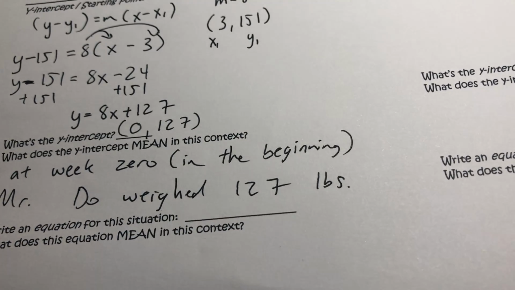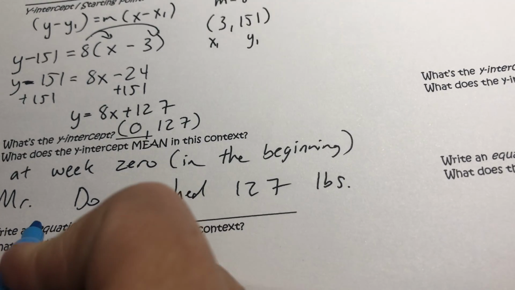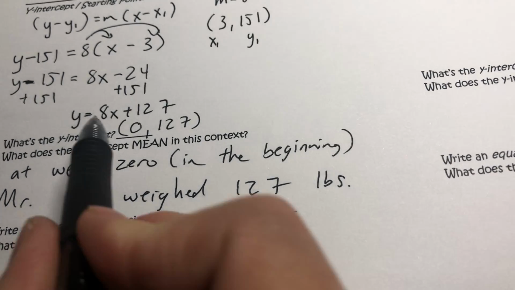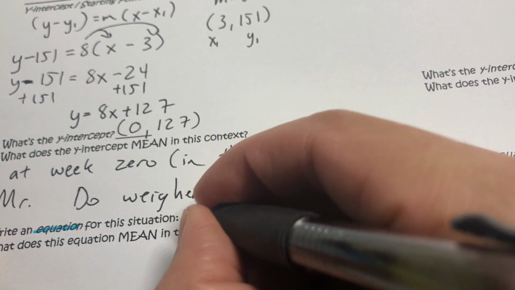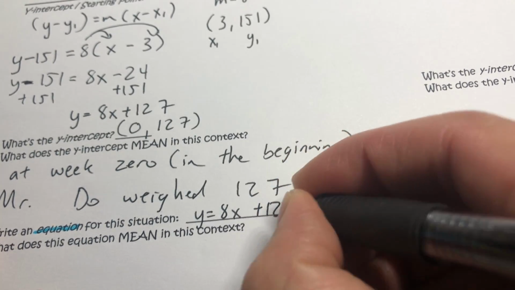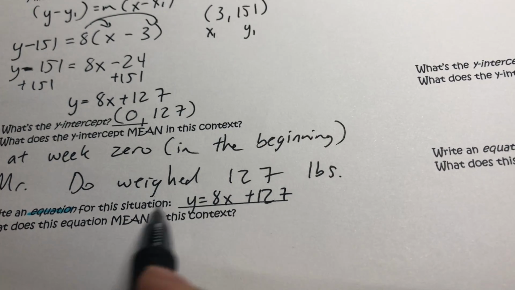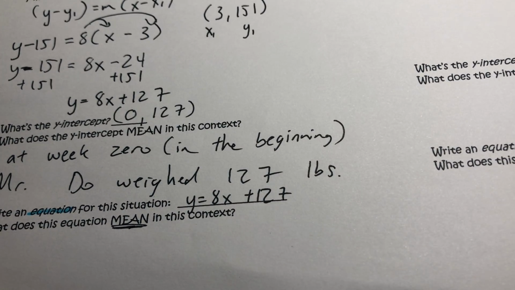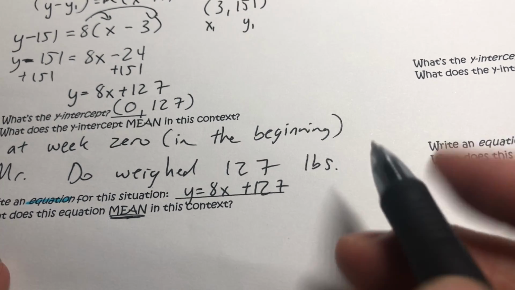So let's write an equation. Remember, your equation should be in slope-intercept form. And luckily, we already have the equation right here. Y is equal to 8x plus 127. So what does this equation mean? We make the equation, but we need to understand what the equation means.